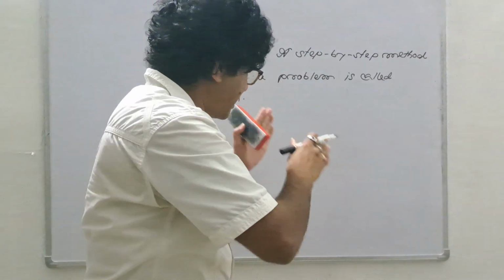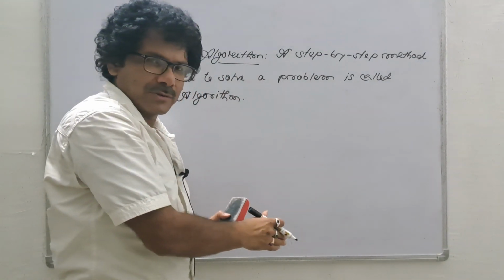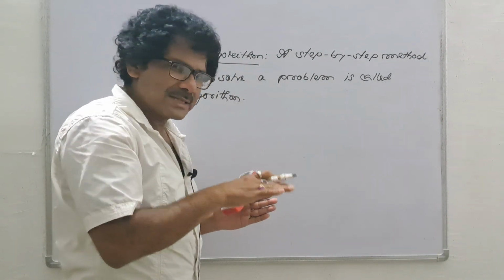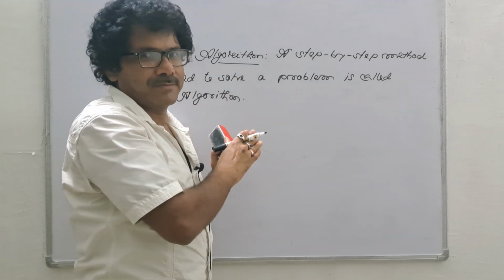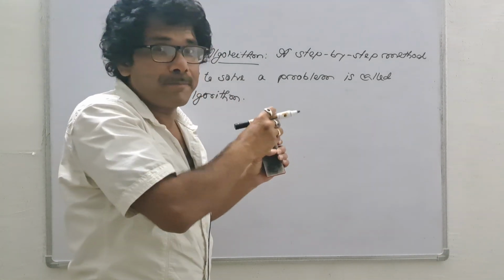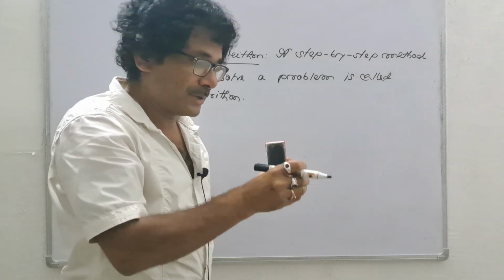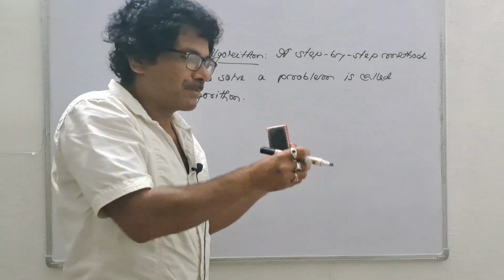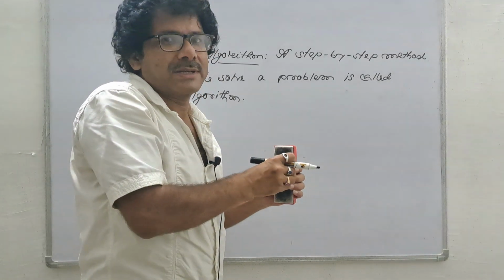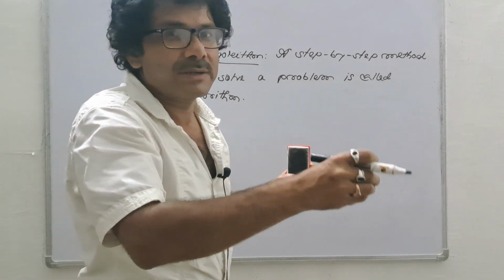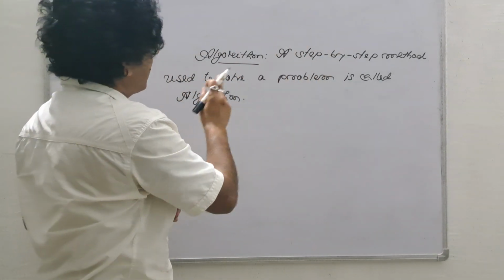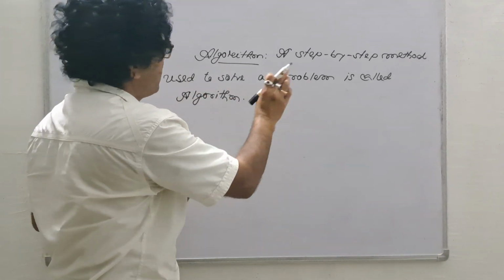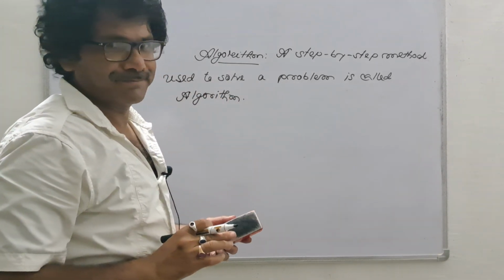Like this, many steps are used, and each step is related to the previous step. So we call it step by step, because every step is dependent on or related to the previous step. A step-by-step method used to solve a problem is called an algorithm.